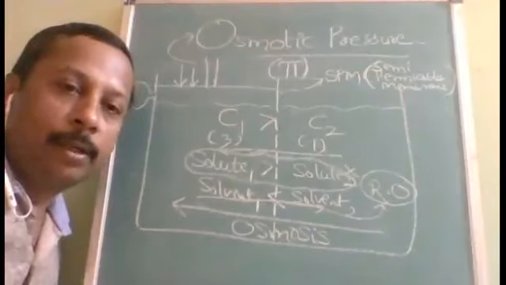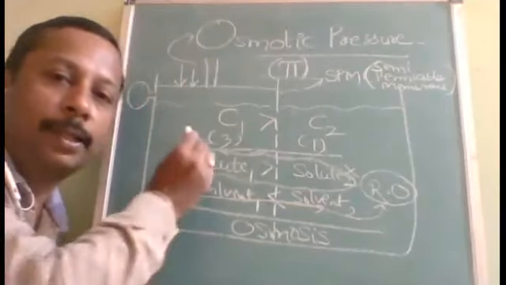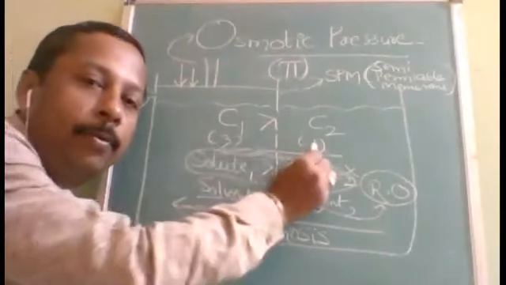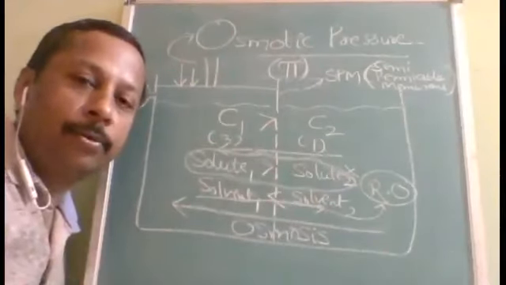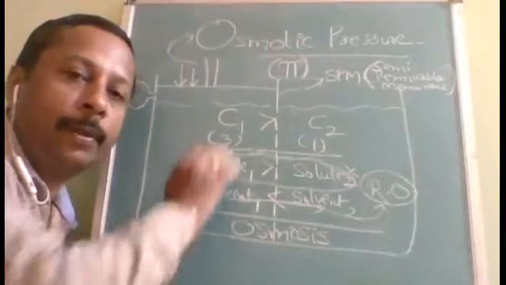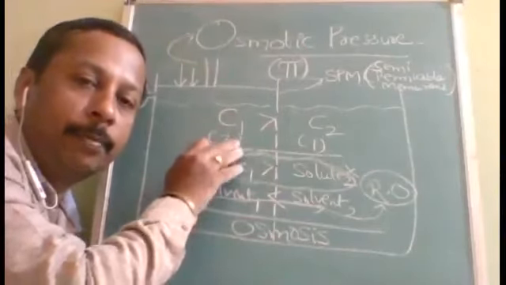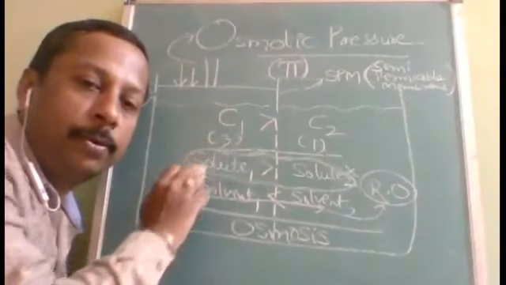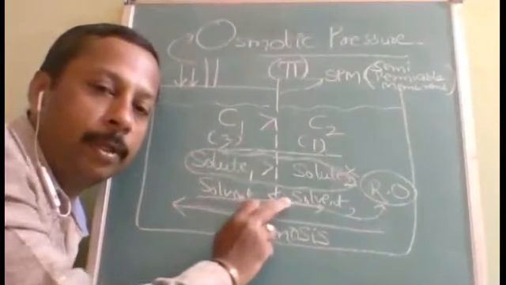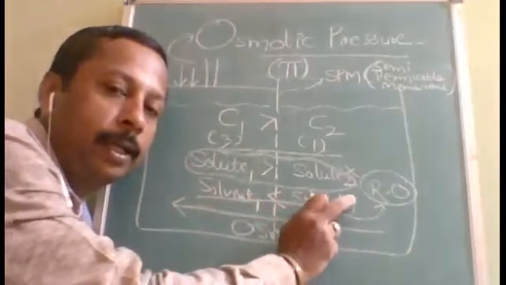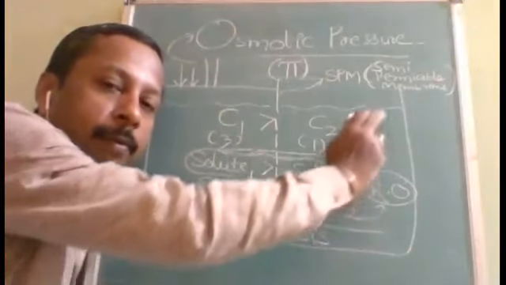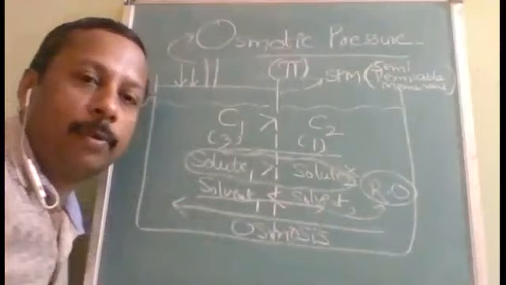Actually, impure water is a concentrated solution, pure water is a diluted solution or only solvent. So when I apply pressure, electrical force, then the solvent, which is pure water, will go and be collected here. So from here we will tap out the pure water. Understood?